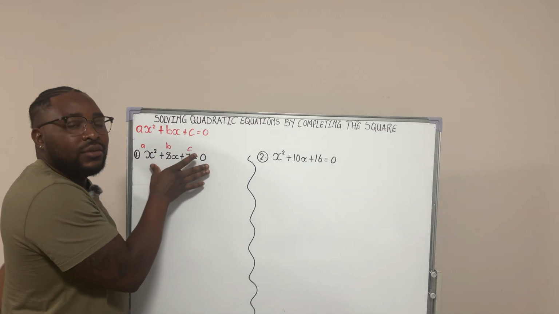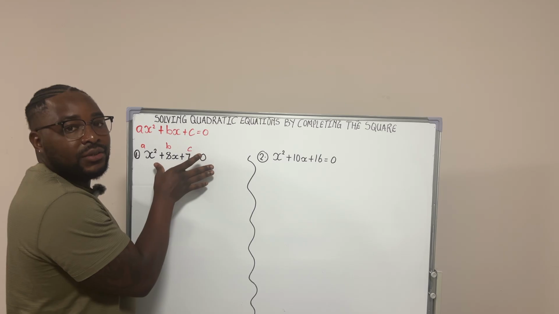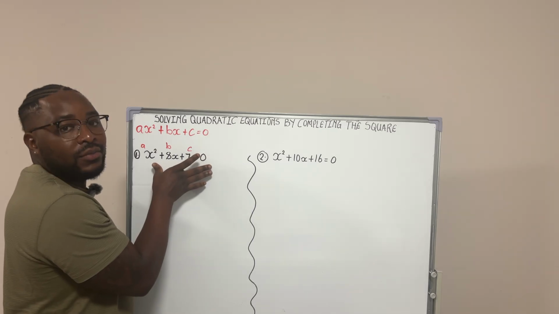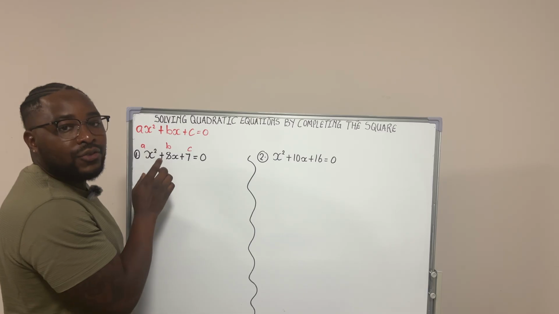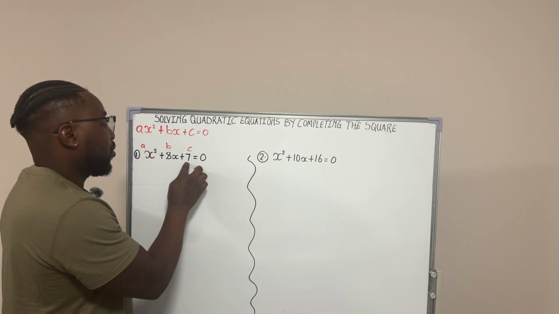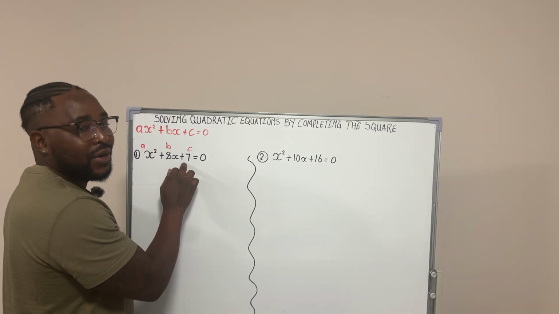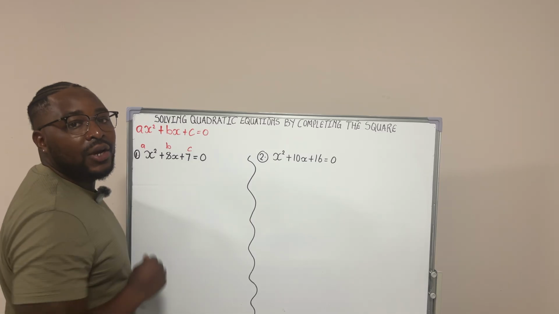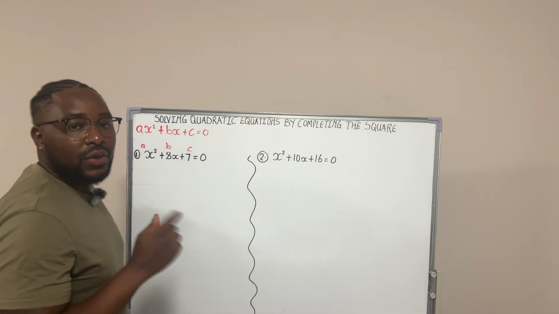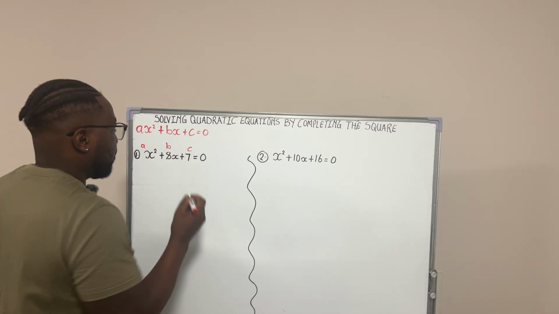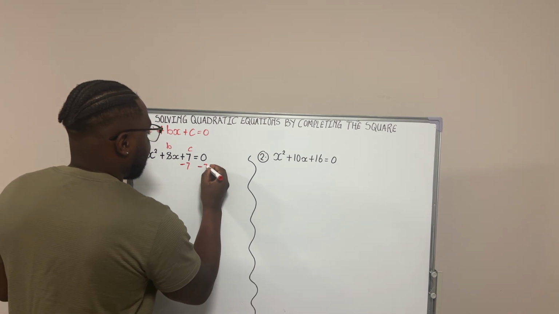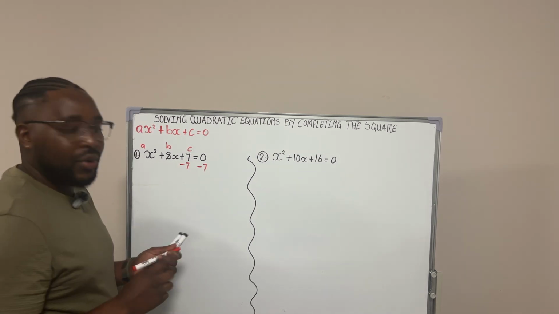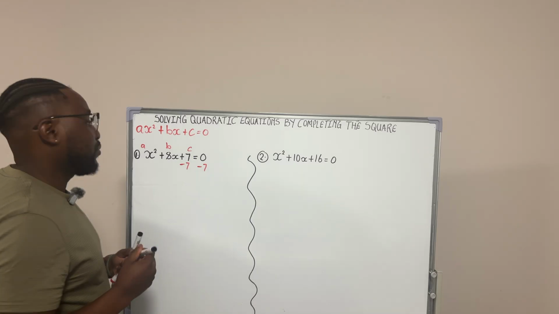If you have an equation in the standard form with a leading coefficient of 1, the first thing that we have to do is move the constant, which is this positive 7, to the other side of the equation. So we do that by simply subtracting a 7, and we subtract a 7 on the other side as well.